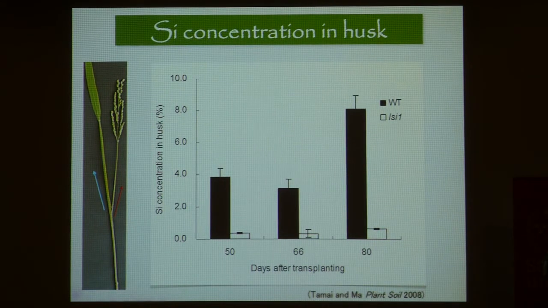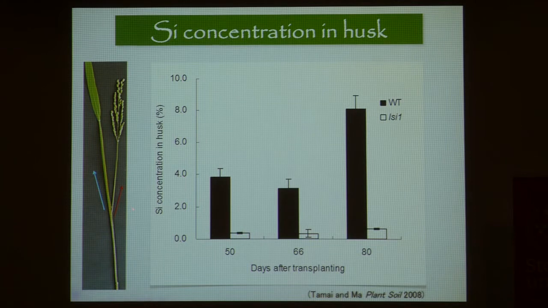So today I will focus on silicon transport involved in the distribution. So this is just to show you the flag leaf and the panicles of rice. As you can see here, compared to the flag leaf, the panicle has a much smaller surface area.